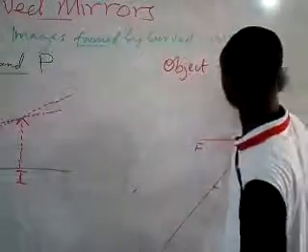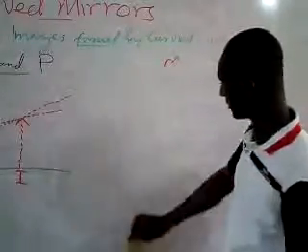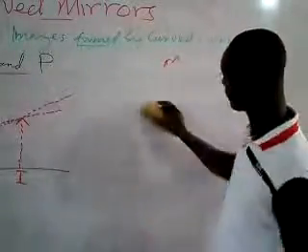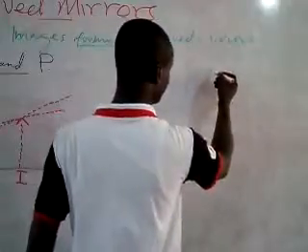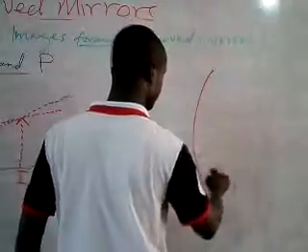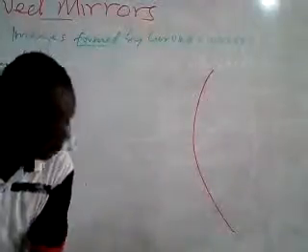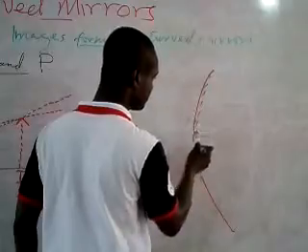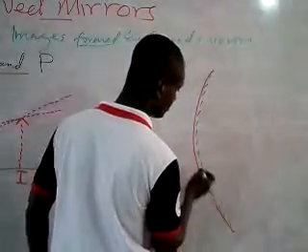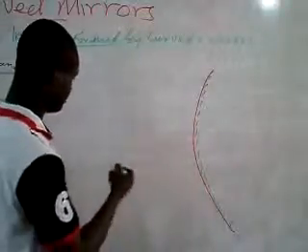Now let's also talk about convex mirror. And convex mirror, I draw my convex mirror like this, in which we coat the inner surface so that the shiny surface is outside.